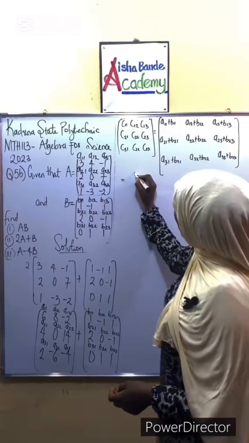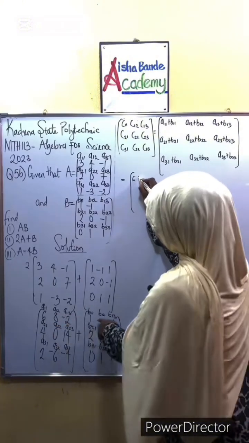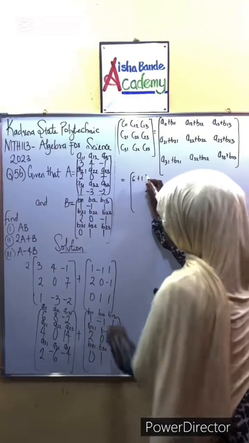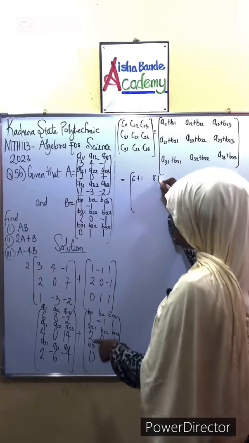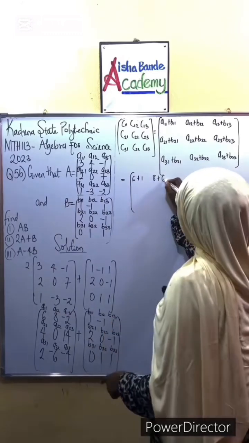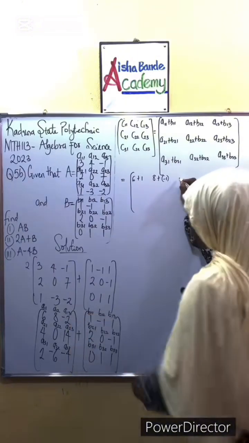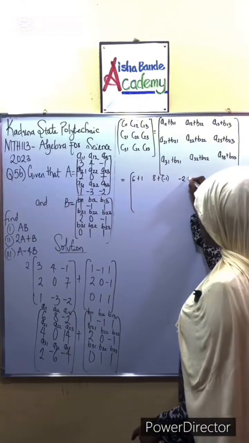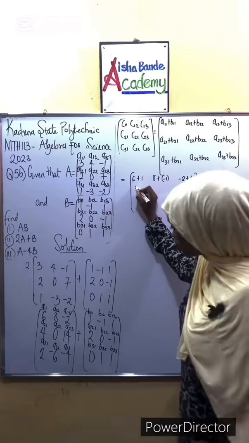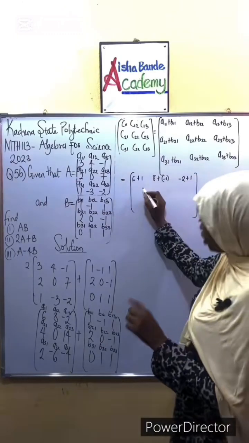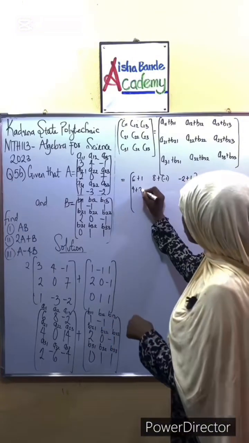Here we have A11, which is 6, plus B11, which is 1. So we have 6 plus 1. Moving on, A12 is 8 plus B12 is minus 1. A13, which is minus 2, plus B13, which is 1. To the second row, A21 is 4, plus B21 is 2.